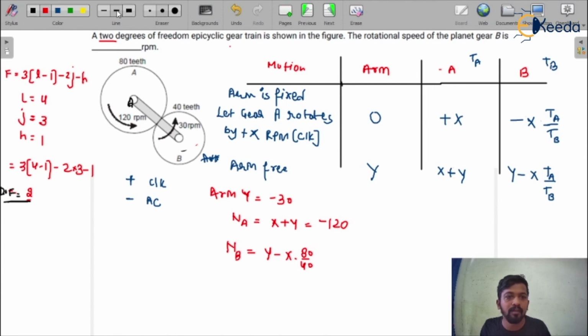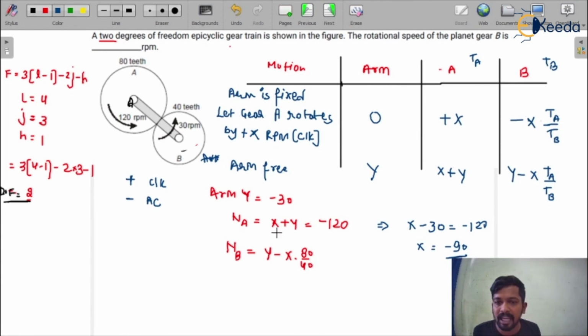NB is not given, we have to find it out. How can we calculate NB here? y is given, that is minus 30. From this value of y we can calculate the value of x. Okay, so x minus 30 is equal to minus 120, and here we can calculate x is equal to minus 90.